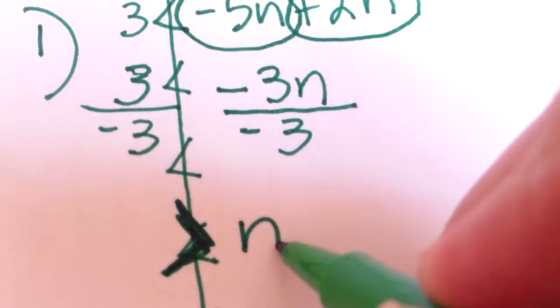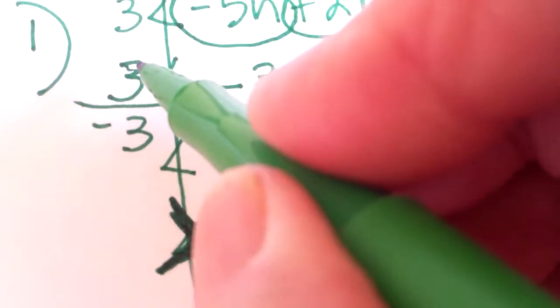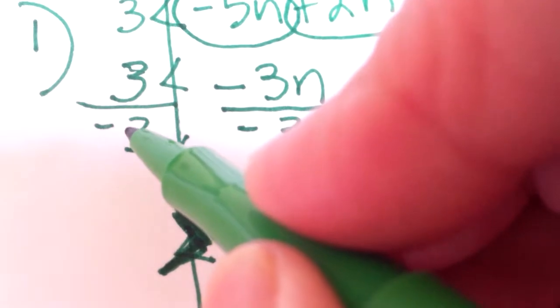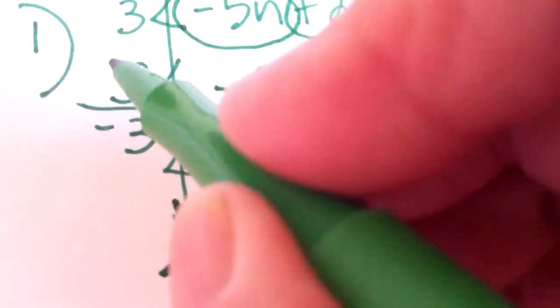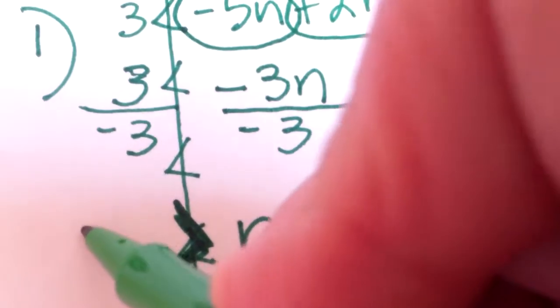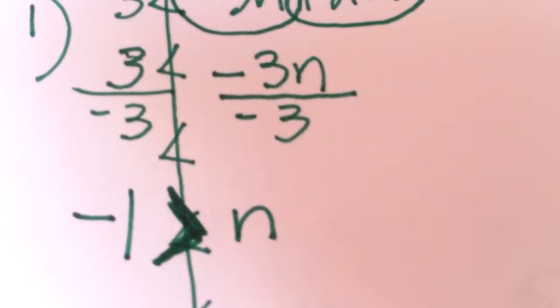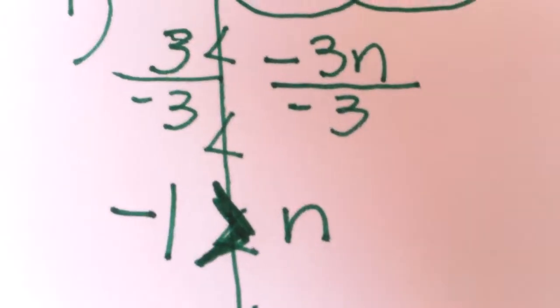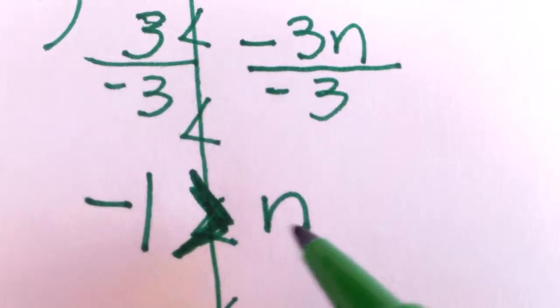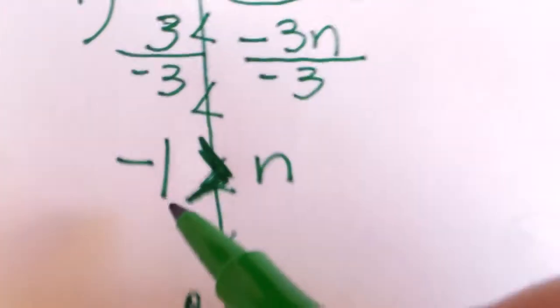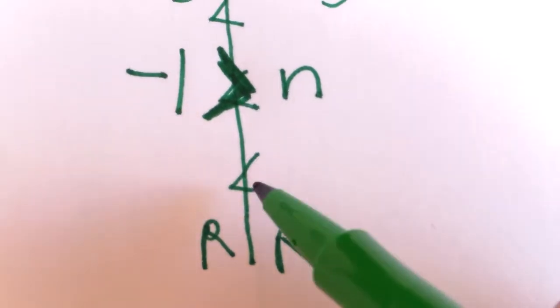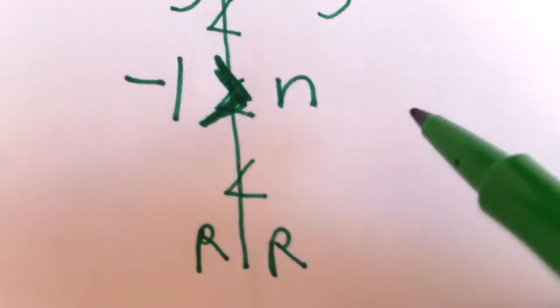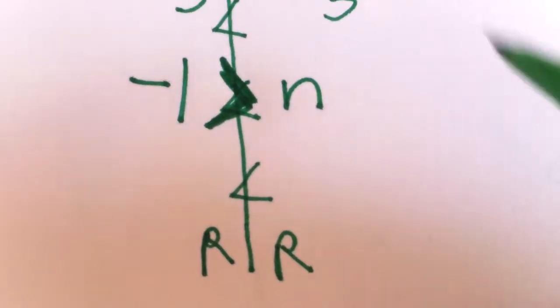So we have n here, and we have a positive 3 divided by a negative 3. 3 over 3 is 1. A positive divided by a negative is a negative 1. Well, that's fabulous, but remember we talked about graphing inequalities, and it's better when the variable's on the left-hand side, because then the arrow will go the same direction in the symbol and on the graph.